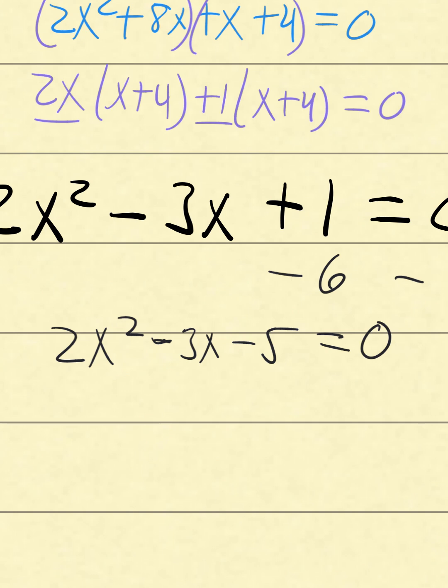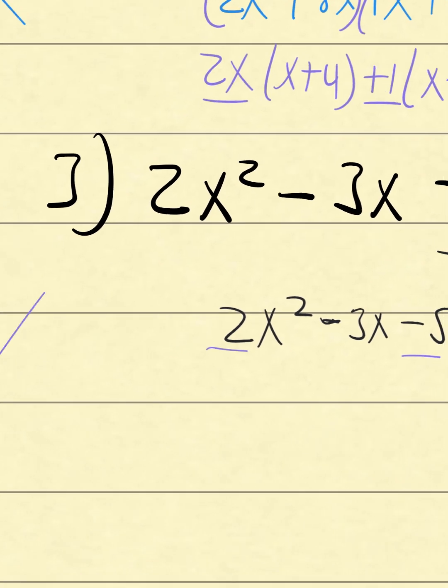Okay, good. So what multiplies to 2 times negative 5? So negative 10. And what adds to negative 3? Can we think of two numbers? Negative 5 and positive 2.